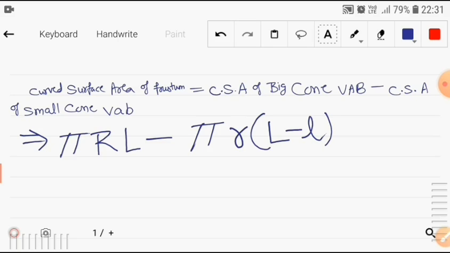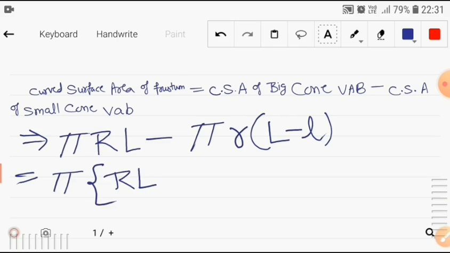So the curved surface of the small cone has slant height L minus l and radius small r, so pi r times (L minus l) is the curved surface area for the smaller cone. Now we'll take pi as common, and R L minus r multiplied by L minus l.